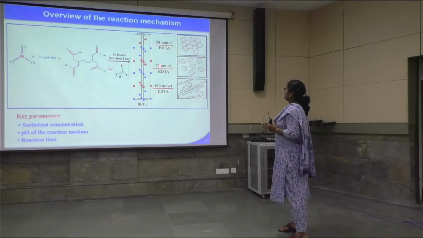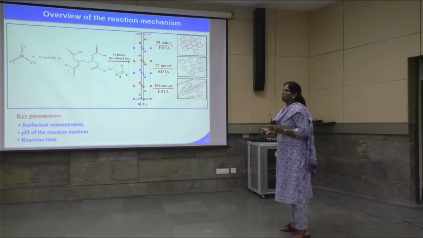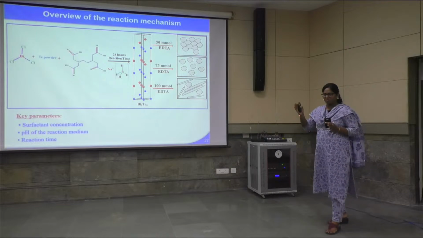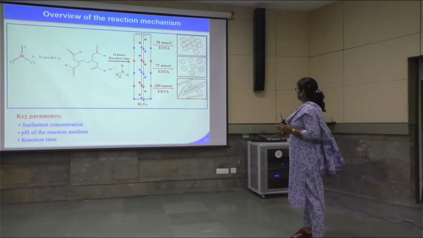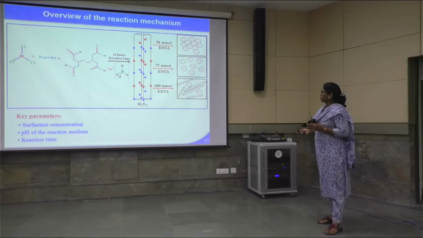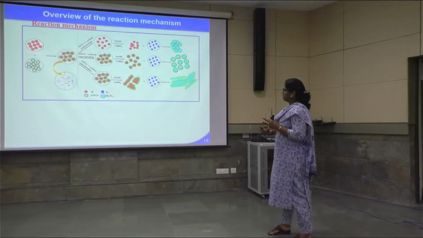When it is below 50 millimolar, we got the fine structures, but at 75 we got structures with enough space in between. For that, the major effect is on thermal conductivity, and then here we got nanosheets, rods, and spherical types of structures. So what could be the reasons for it?